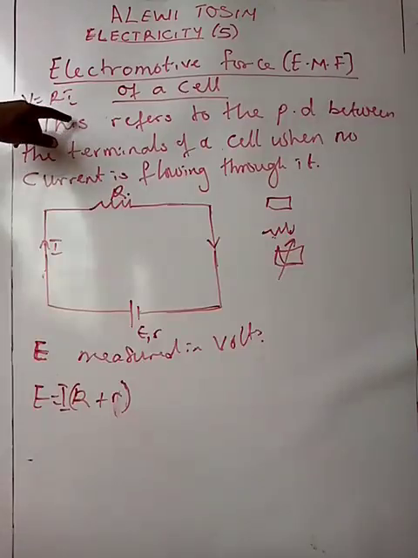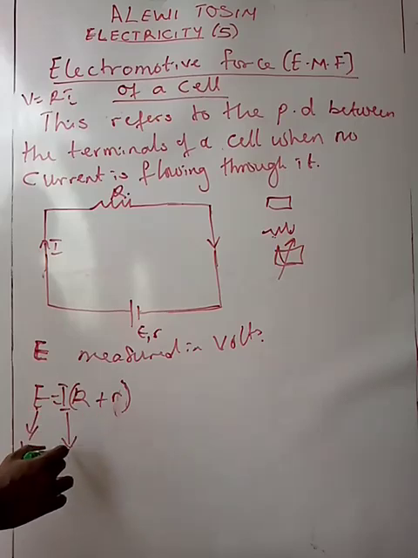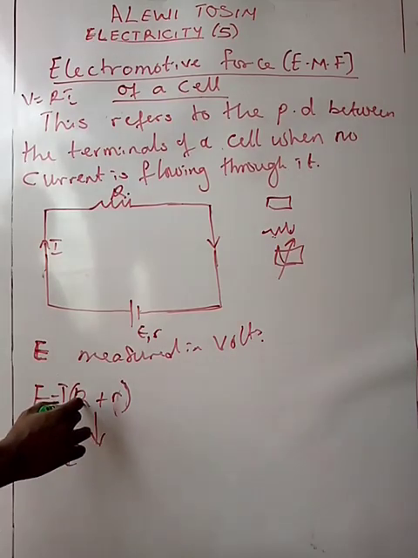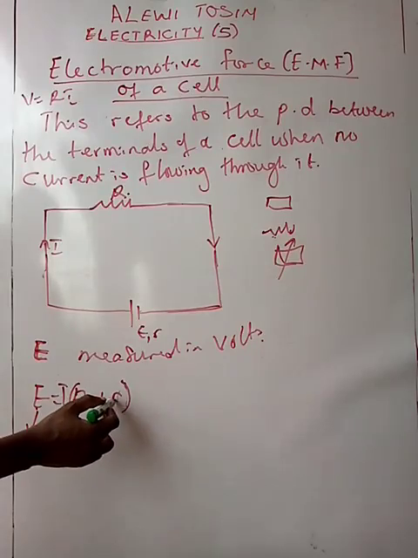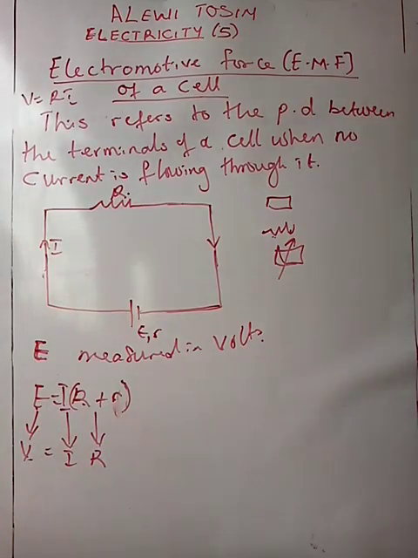So from V equals Ri, we can say this E here is our potential difference, our I remains the I, and our external resistance plus internal resistance is what? Our big R. Is that taken?